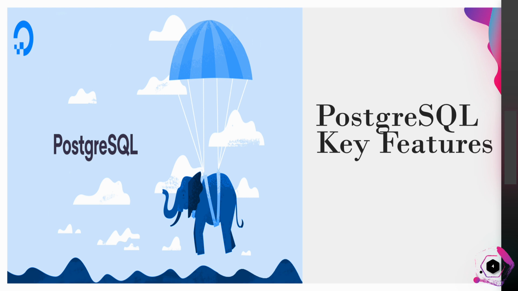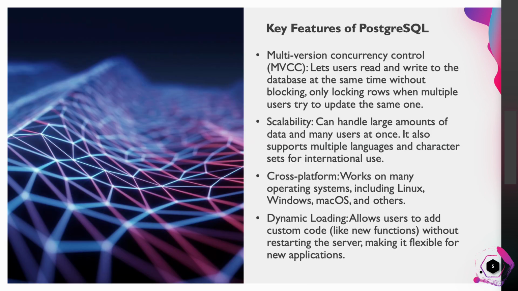PostgreSQL Key Features. Key features of PostgreSQL: Multi-version concurrency control lets users write and read to the database at the same time without blocking, only locking rows when multiple users try to update the same one.